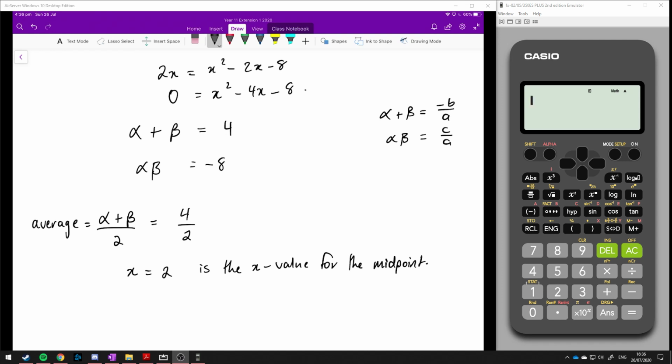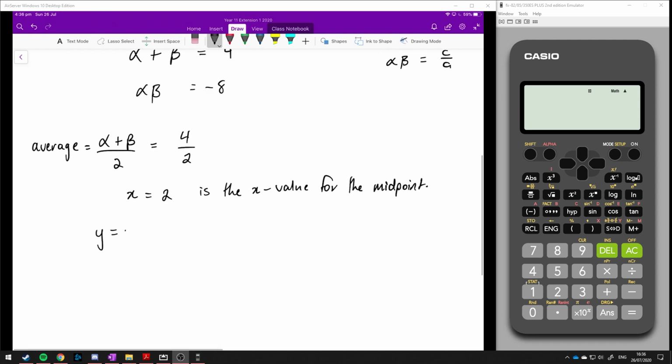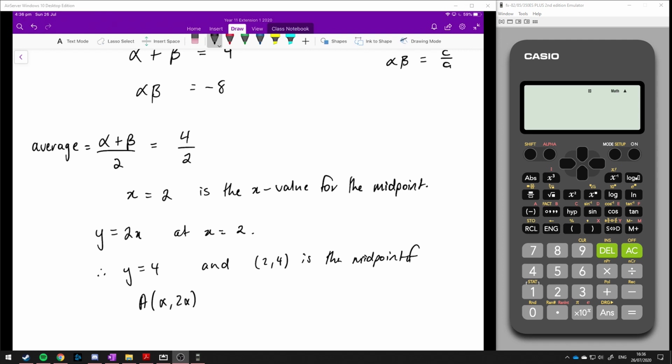I'm going to use y equals 2x, because that is going to give us a nice midpoint. At x equals 2, y equals 4. So (2, 4) is the midpoint of A, which is alpha, 2 alpha, and B, which is beta, 2 beta.